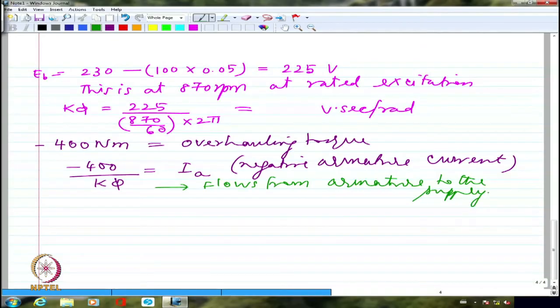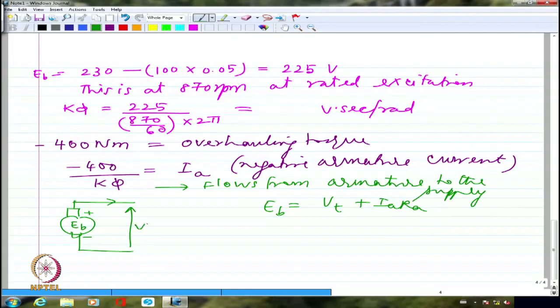Am I right? Now, all I need to do is find the value of EB under this condition. Please understand that now the current is flowing this way. And this is EB or EG if it is working as a generator. So EB under regenerative braking will be equal to whatever is the terminal voltage plus IA RA, because the current is flowing the other way round. Am I right? The current is exactly flowing in the opposite direction. So whatever is the generated voltage, from that I am going to have IA RA drop, rest of it is going to go as the terminal voltage.